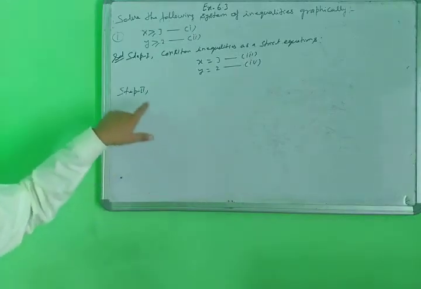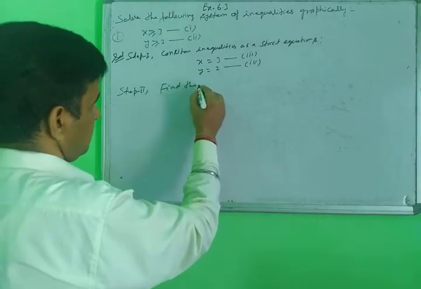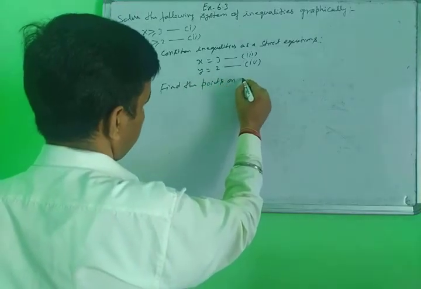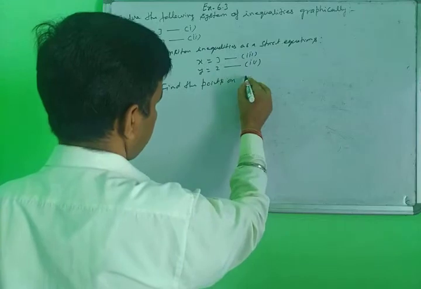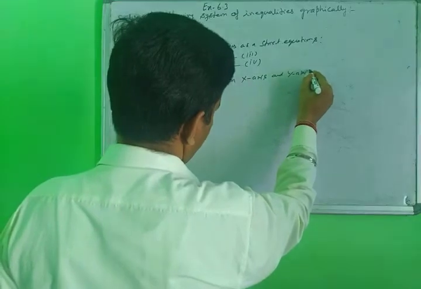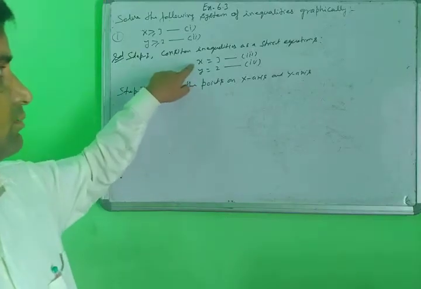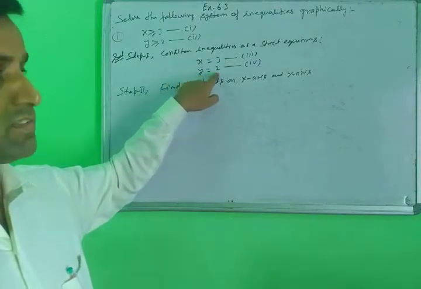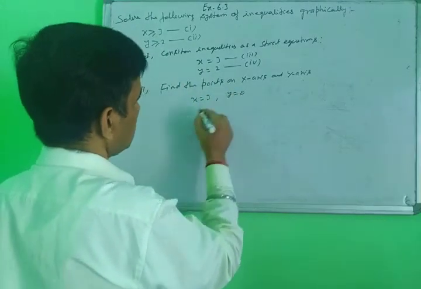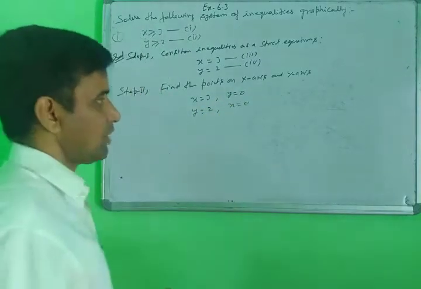This step is not required here, so you can directly write it. Here the points are already given, so a table is not required. Means x equal to 3 and y equal to 2, two graphs here. X equal to 3 means y equal to 0, or y equal to 2 means x equal to 0. Then two graphs will be drawn here.